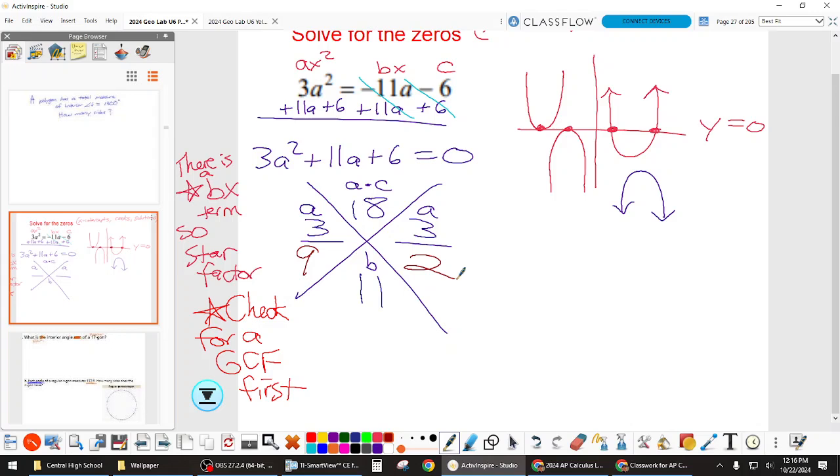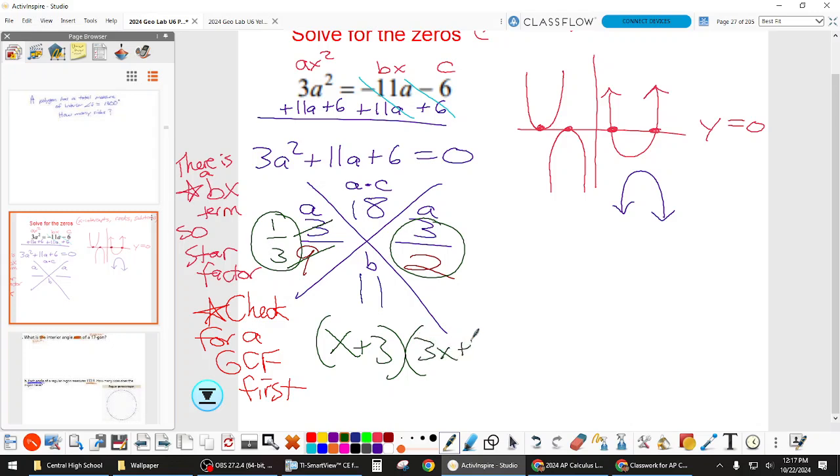So we're good there. Now we need to simplify. This one is good, can't simplify. But this one still needs to be. What goes into both 3 and 9? 3. So this becomes 1 over 3 instead. We'll use those numbers. Okay, so we get x plus 3 times 3x plus 2 still equals 0.